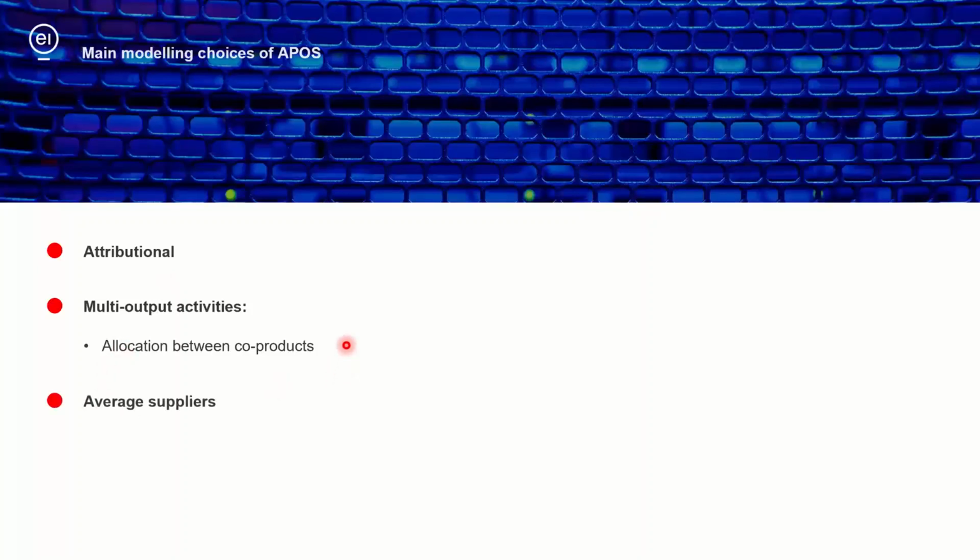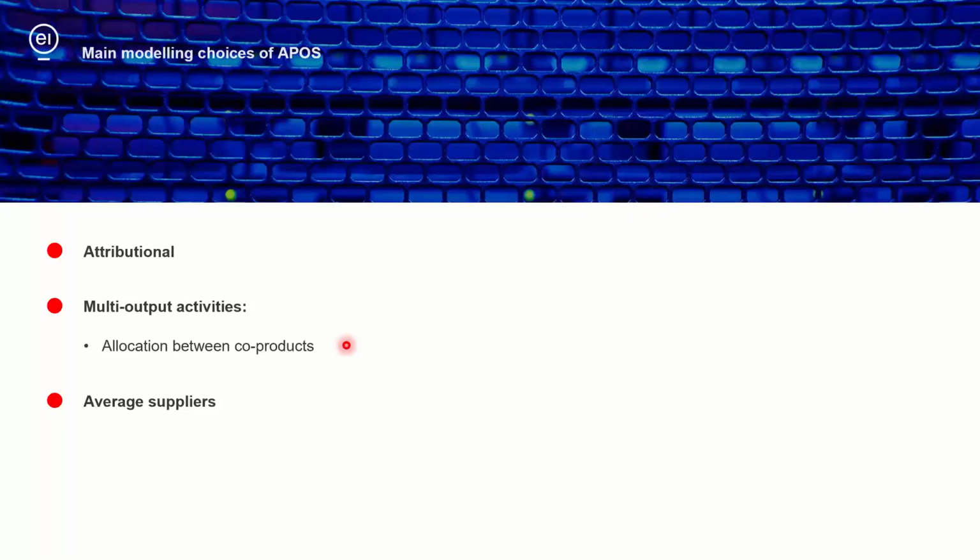APOS is also an attributional system model. It evaluates the here and now. The multi-output activities in APOS are treated differently. We have again allocation, but between all co-products. And the markets are supplied by average suppliers.